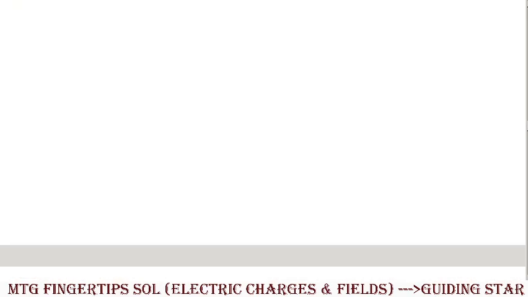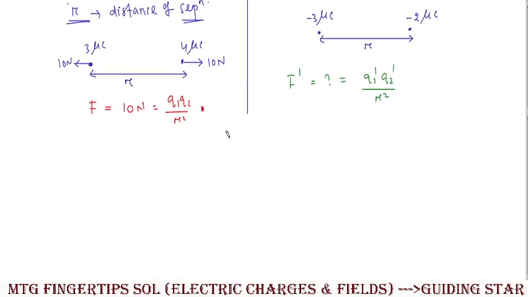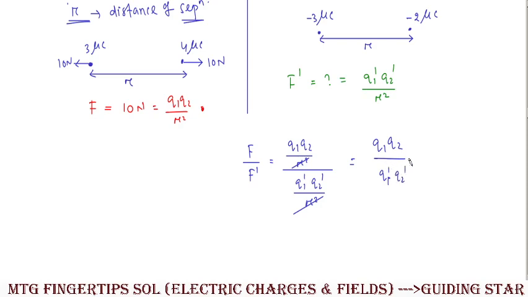So in this particular case, if we take the ratio of these two forces, then what will we get? f upon f prime will be q1 q2 divided by r square, whole divided by q1 prime into q2 prime divided by r square. So r square will get cancelled out, giving q1 q2 divided by q1 prime into q2 prime.